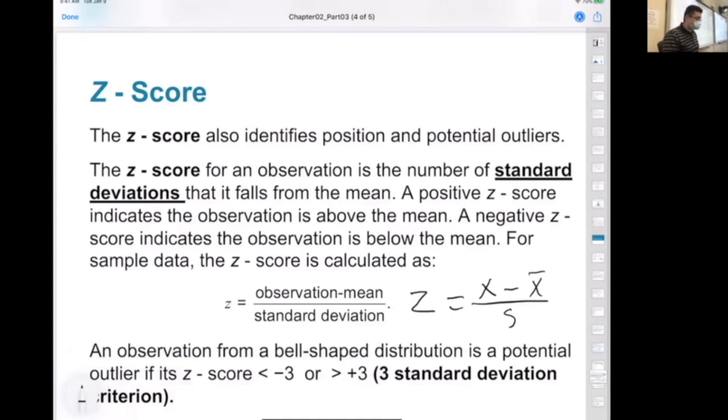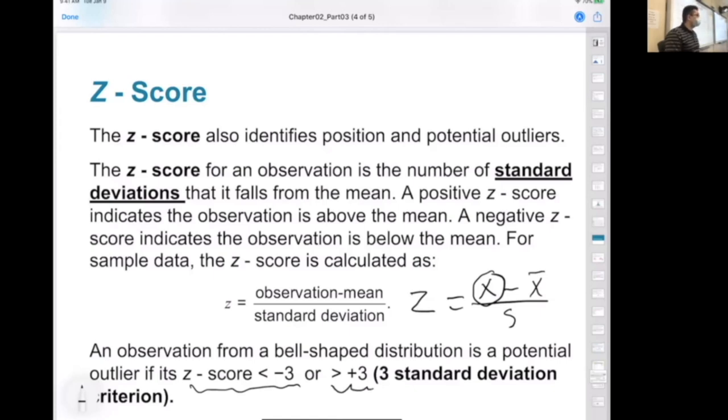And to know if this value X is an outlier or not, we have the following rule. An observation from a bell-shaped distribution is a potential outlier if its z-score is less than -3, if it's negative, or greater than 3 if it's positive.